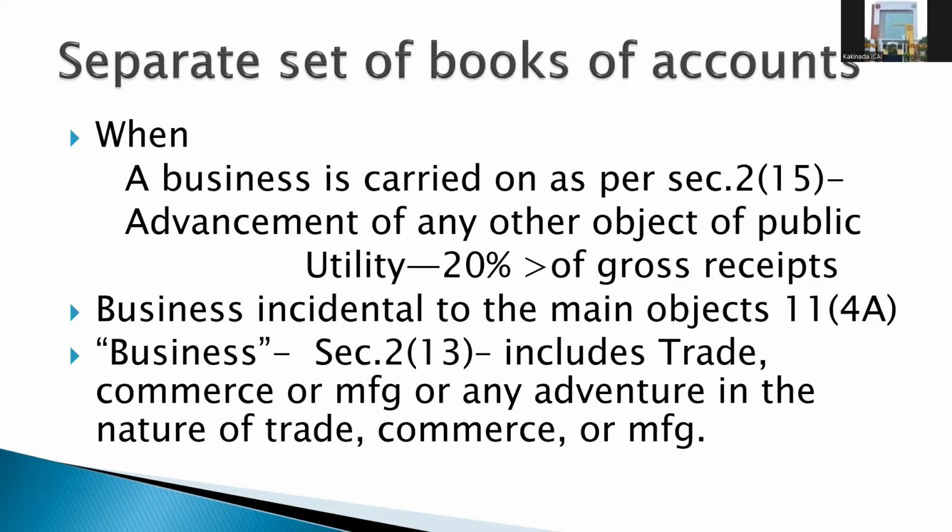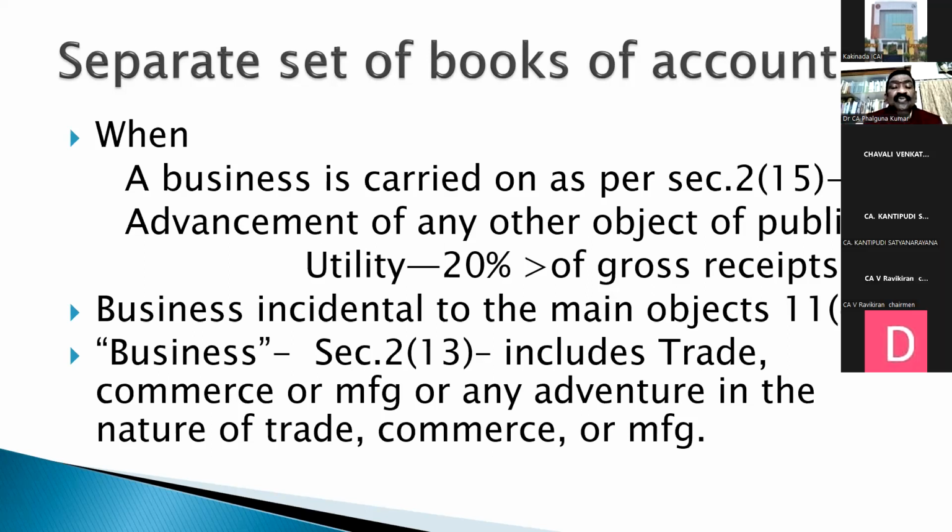If you do any activity with a profit motive, it is a business. So the word business is so wide. Then if the gross receipts of such activity in one year exceed 20%, it is no longer a charitable purpose activity, and section 11 exemption is lost for that year. For the next year, you can continue again. For that year, you should offer it as taxable income and pay the tax at 30%.